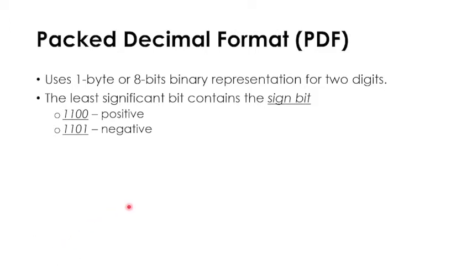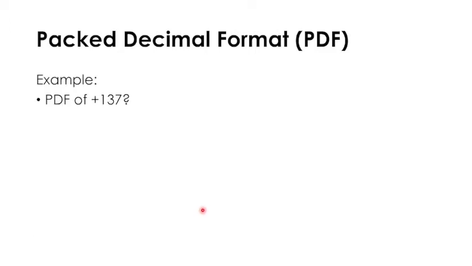Let's try some examples. What is the PDF of positive 137? Again, the PDF is for 2 digits, so we have 1 and 3. And then the sign bit is the least significant bit, so it will be at the end, after 7, positive 7.